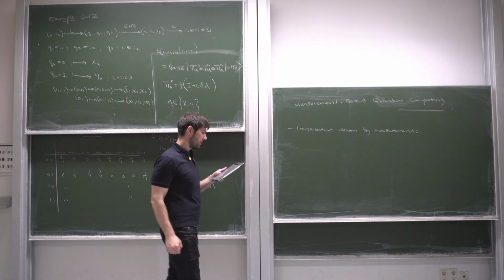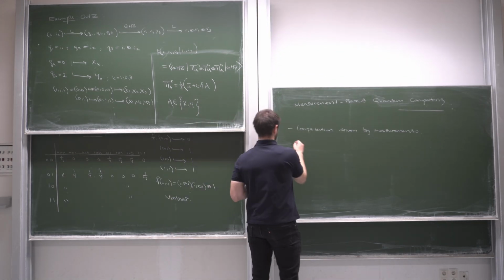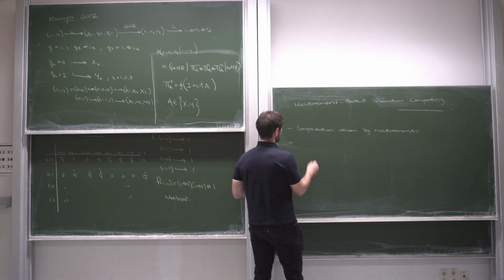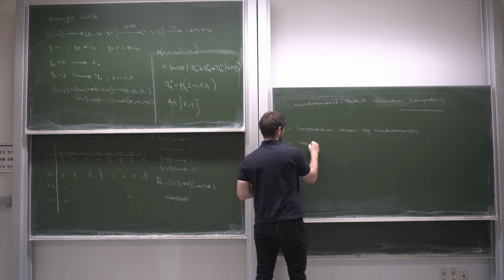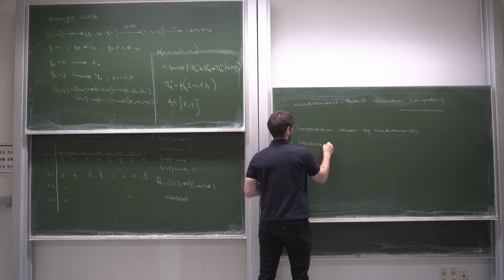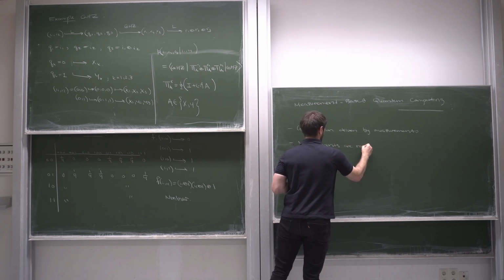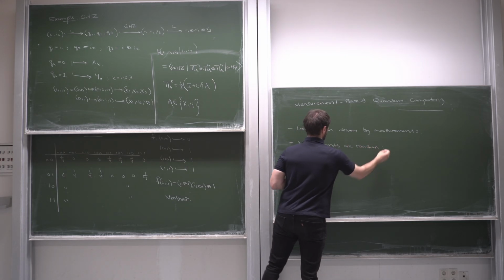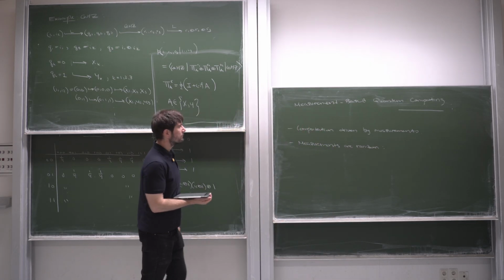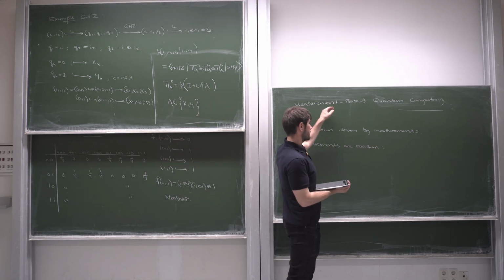So what do we know about measurements in quantum theory? We know that measurements are random. So what does that mean for our computational scheme?